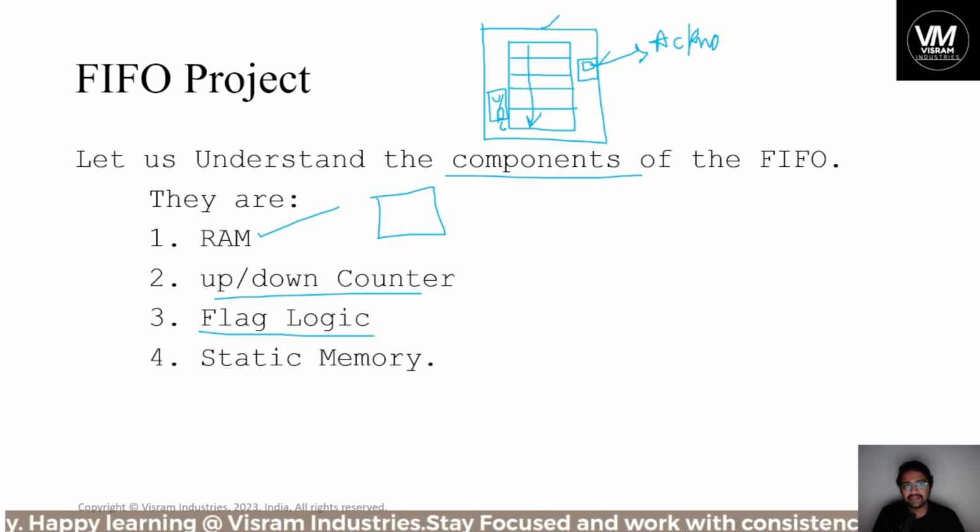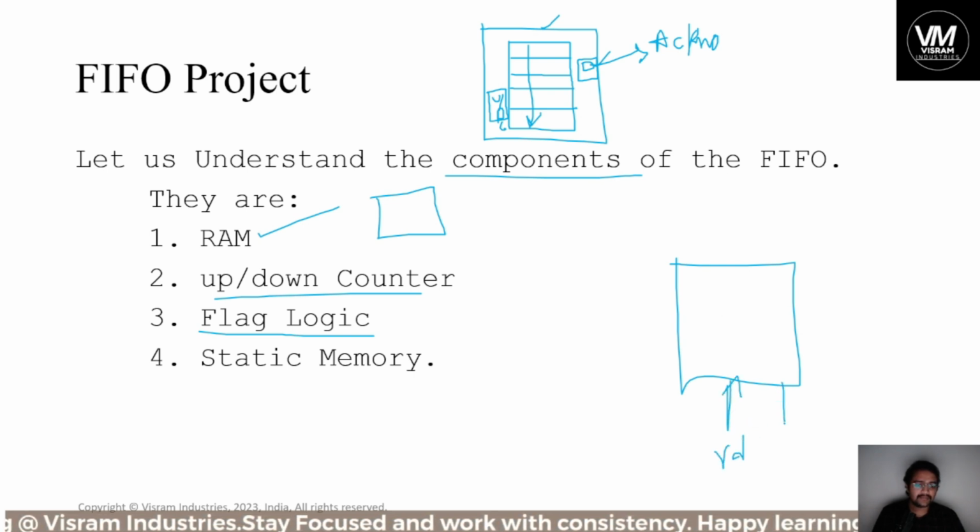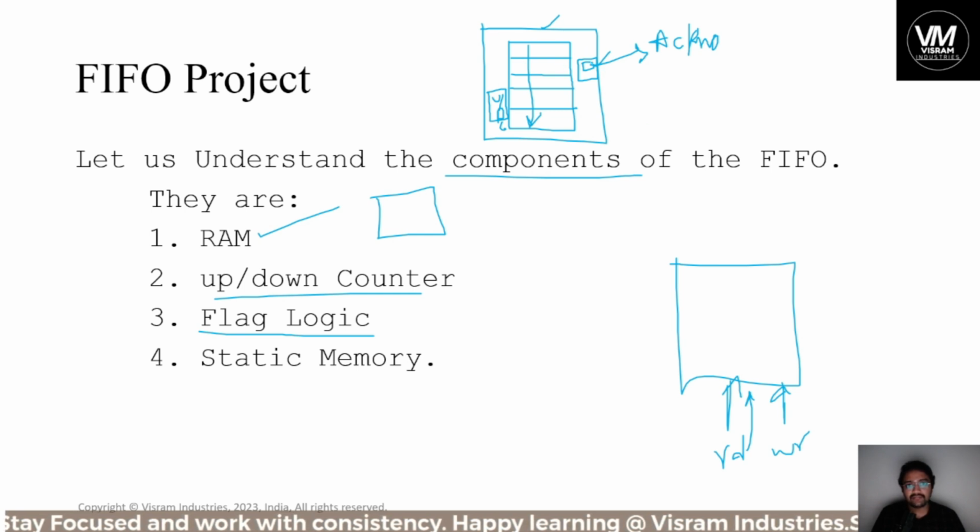Till now, memory signals have been read and write command signals. These signals are given by us, but here the FIFO should give some signals to us, some flag, some acknowledgement. Flag is nothing but acknowledgement. I'll let you know these conditions.